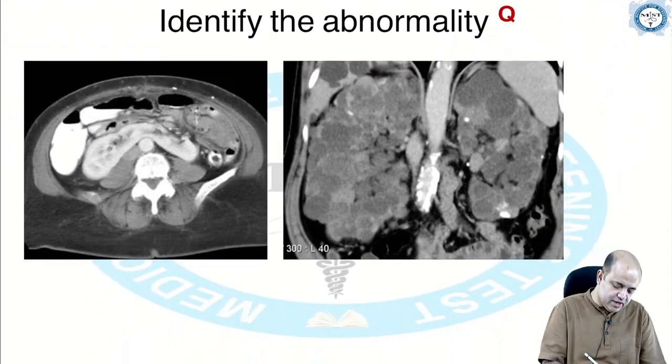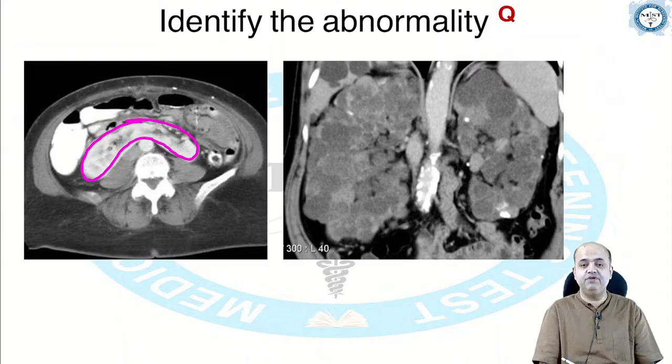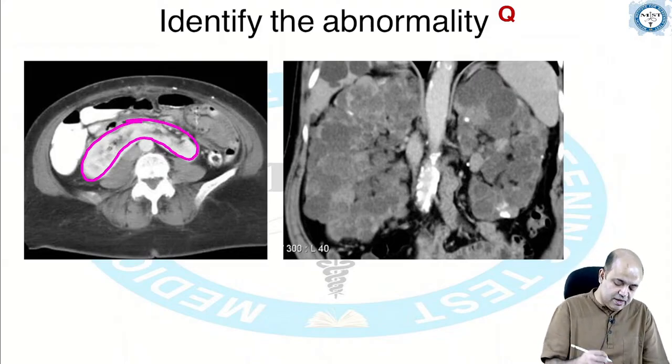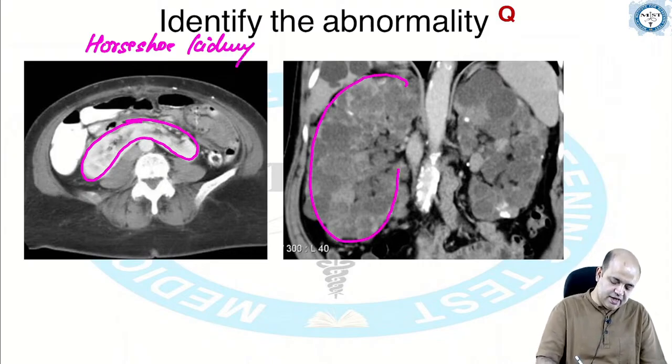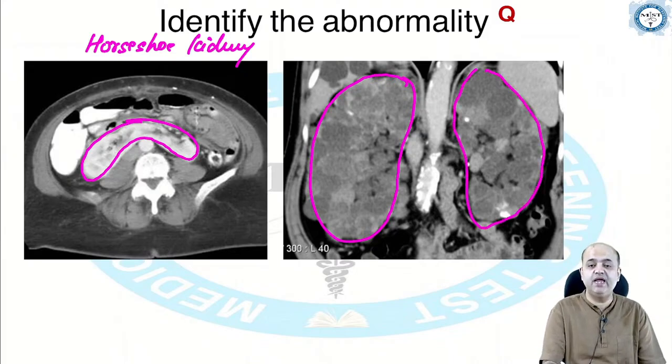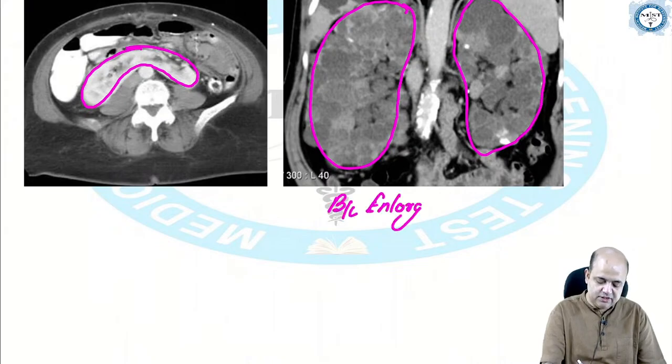What do we see over here? Again, there is a kidney which is fused across the midline. This is a horseshoe kidney. Here the kidneys are enlarged and they are filled with cysts. Bilateral enlarged cystic kidneys.